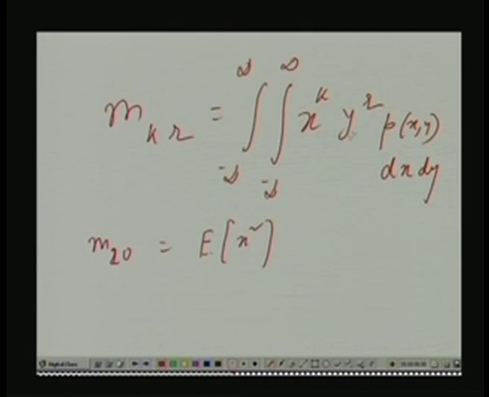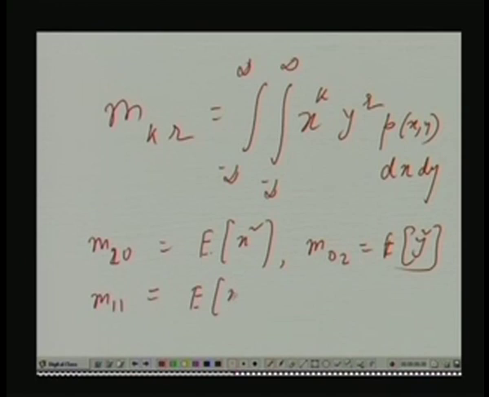Why? y to the power 0 is 1, x square, p(x,y) dx dy, p(x,y) written as before like p(y given x) and then p(x), this integral will be 1, and we get the expected value of x square. Similarly, M02 is E of y square, and M11 is the expected value of xy. These are all second order joint moments.